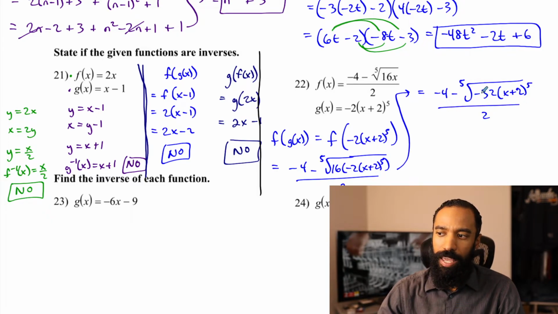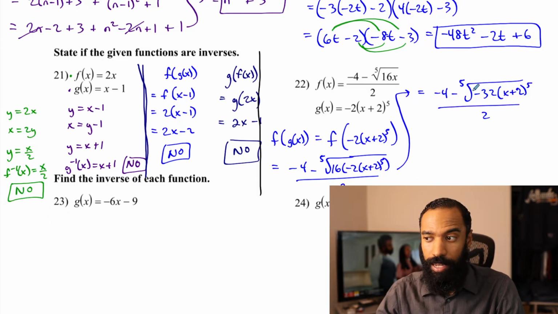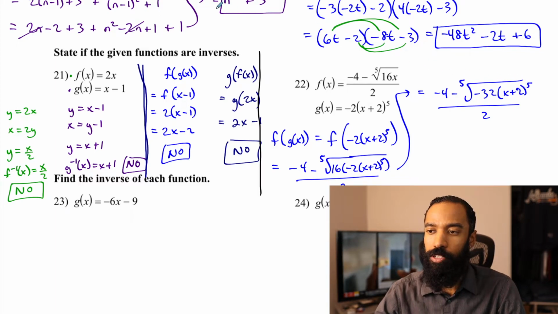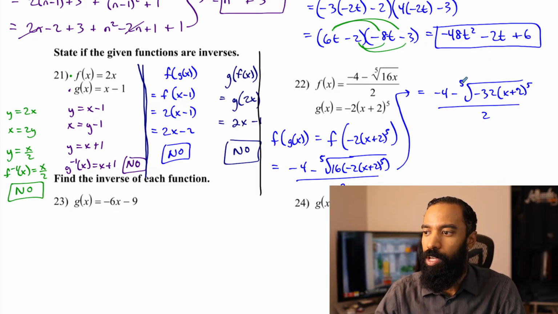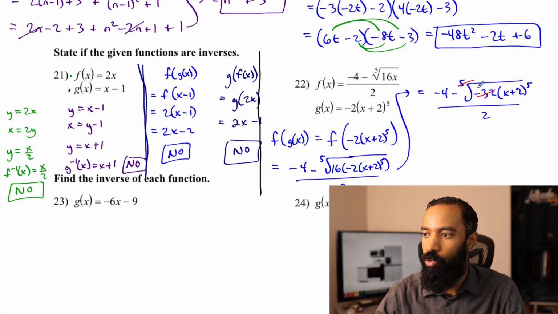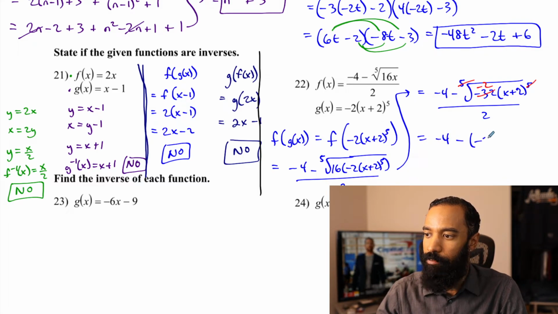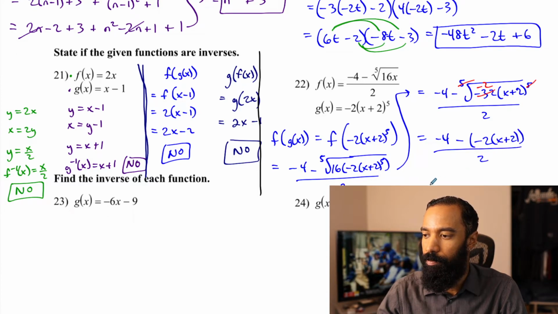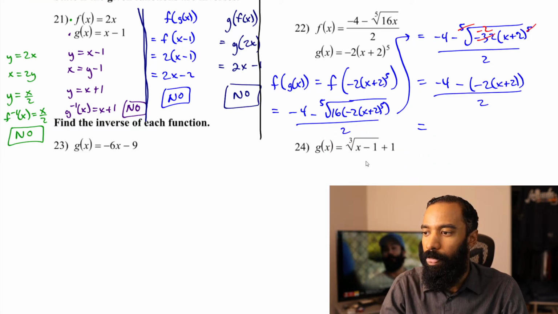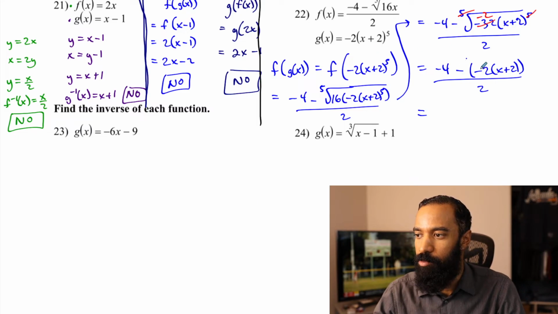Now, the fifth root of negative 32 you can take. That becomes negative 2. And the fifth root of x plus 2 to the fifth power becomes x plus 2. So the fifth root of negative 32 becomes negative 2 there, and then that fifth power goes away. So now this becomes negative 4 minus negative 2 times x plus 2, all over 2. Subtracting the negative becomes addition here.